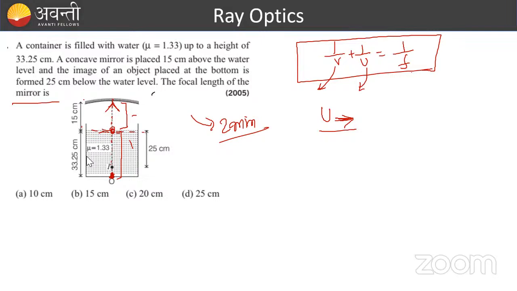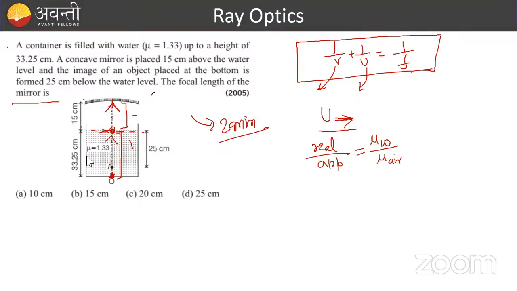So for the 33.25 centimeter distance, we will write real height by apparent height will be equal to what? Light is traveling from where to where? At the interface, light is traveling from water to air. So refractive index of water you will write at the top, and then refractive index of air.